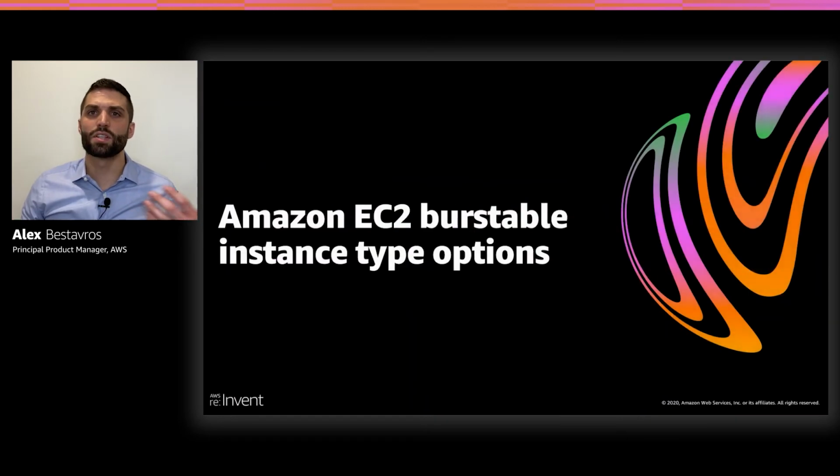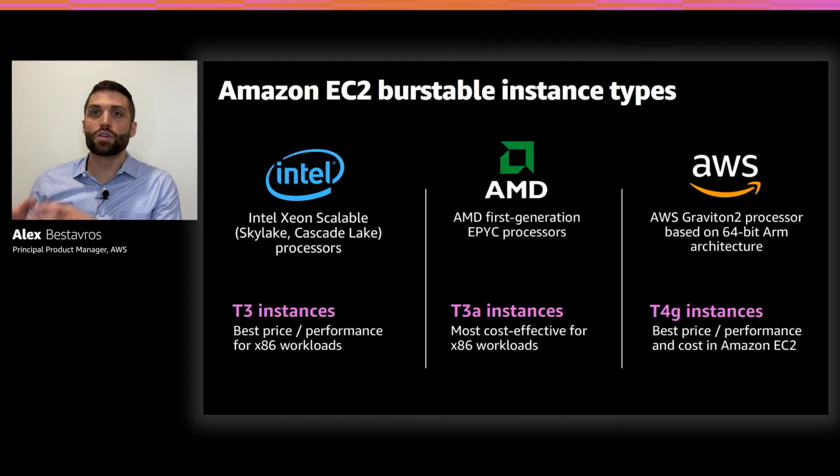So let's get into some of the specifics. Today we have three major pillars of our burstable instance type offering. First, I want to focus on our Intel-based T3 instances. We leverage the latest generation Intel Cascade Lake and Skylake CPUs to run our T3 instance types.